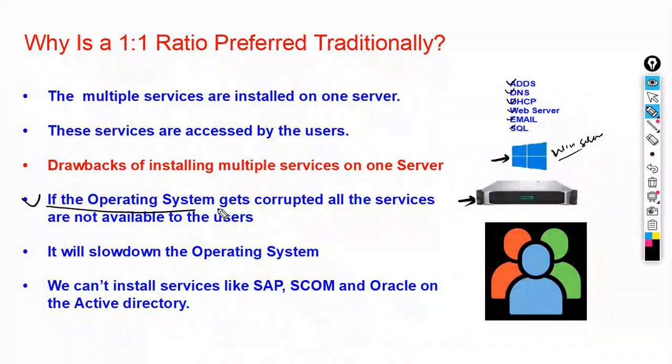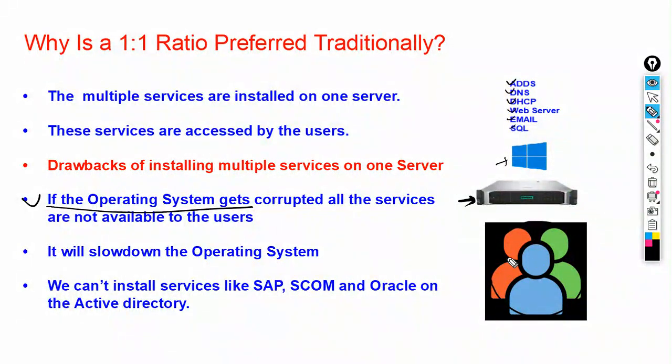If this operating system gets corrupted, are these services available to the users? No. All the services are gone, right? This is the first problem. If you install multiple services on the same physical device, and let us say everything is working fine and the operating system is not corrupted, we have hundreds and thousands of users.